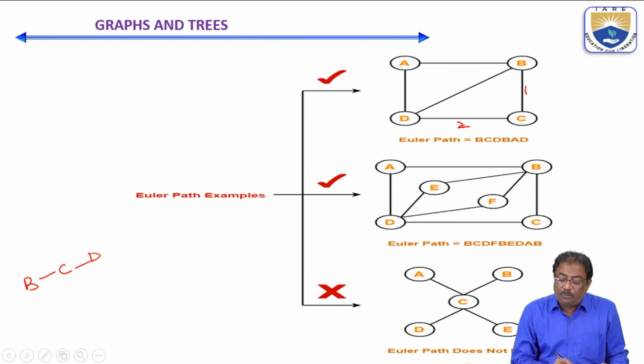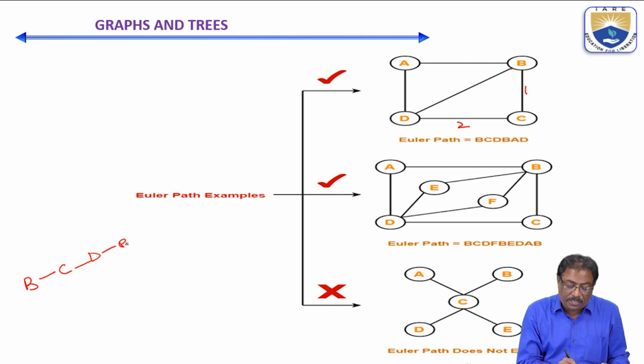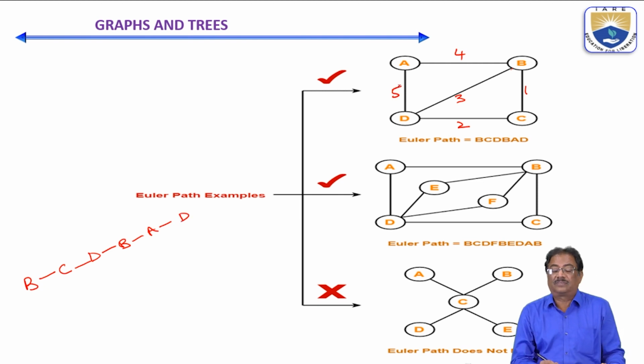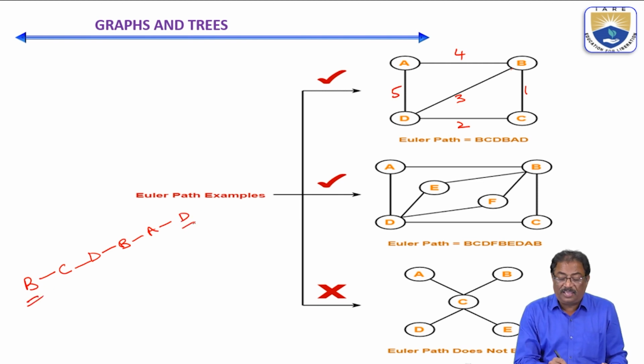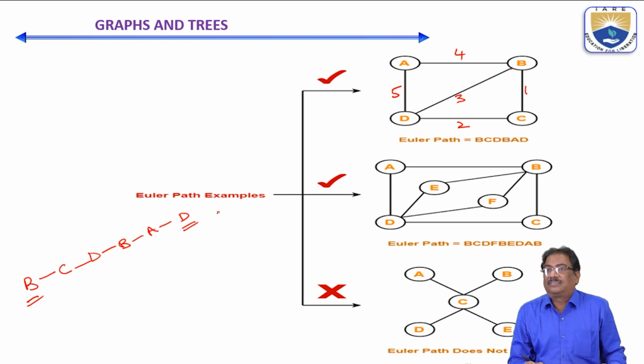Then D to B if you traversed, edge 3 is traversed. And next B to A is traversed, edge 4 is traversed. And A to D is traversed, edge 5 is traversed. And the initial and ending vertex is not the same.